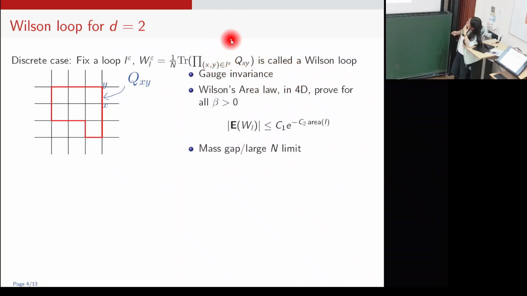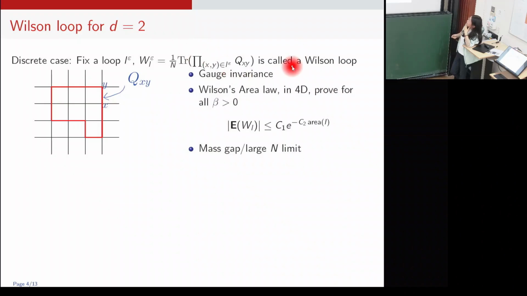And here we consider Q taking values in the Lie group U(N). So in fact, the trace of this part is of order N. So here we also have another constant, 1 over N, such that this part is of order 1. We can study the large N limit of this kind of observable.